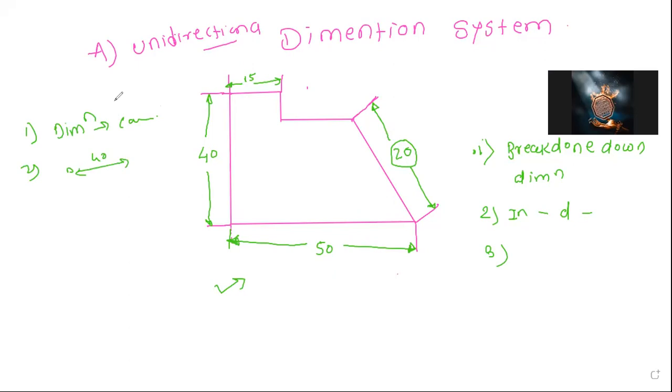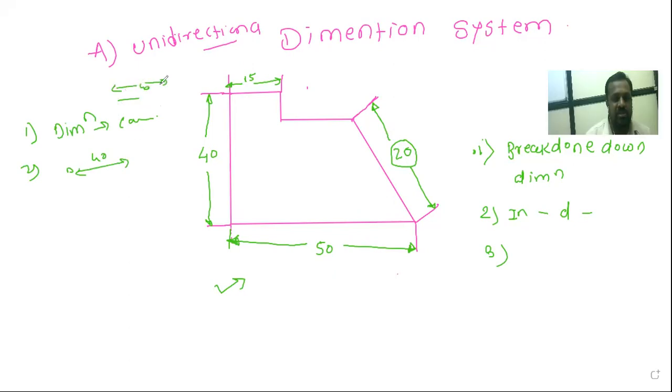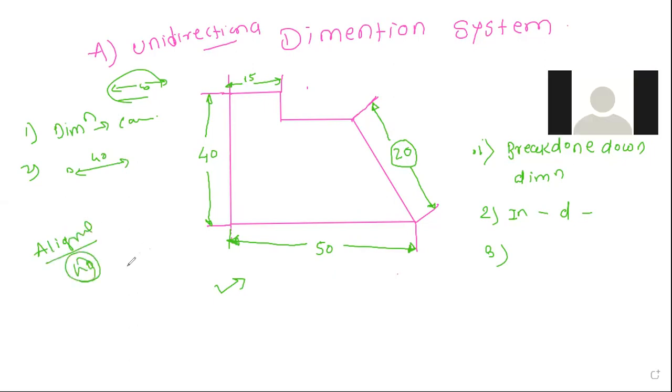And here we have to break the dimension line, and in between that we have to show the dimension numbers. But in the aligned system you have to remember your dimension number should be along the line, like this.